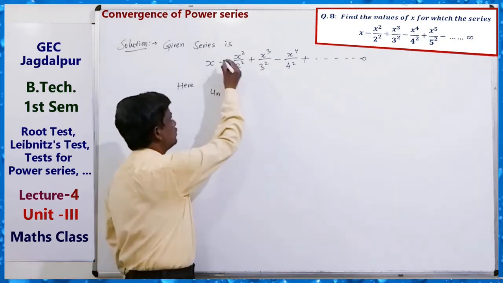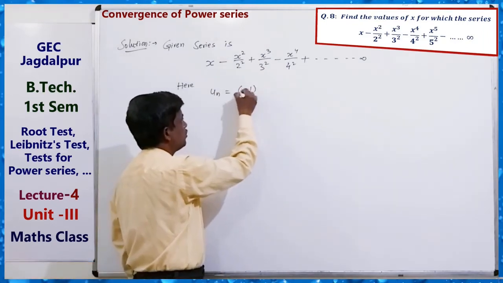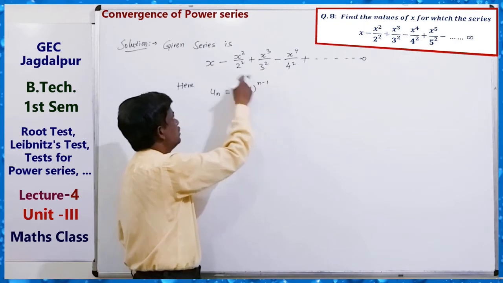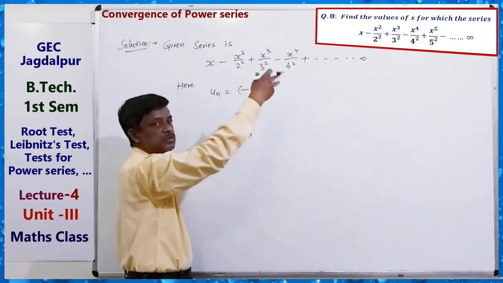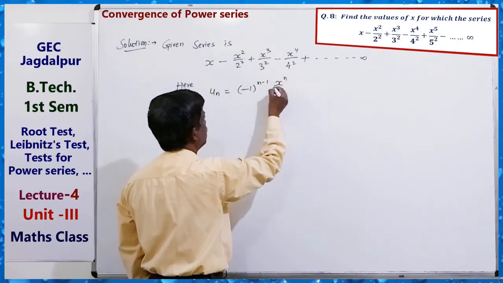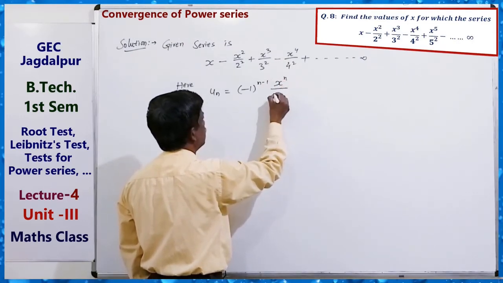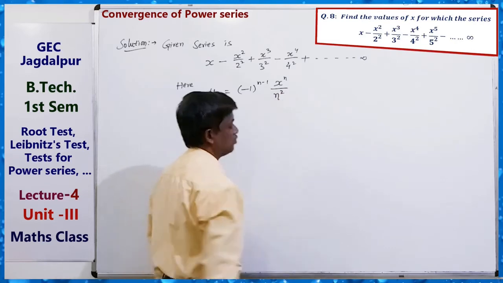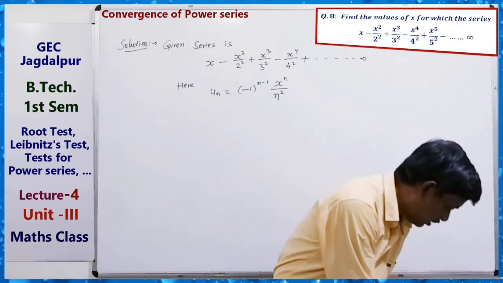So minus 1 to the power n minus 1, because for n equals 1 the first term is positive, then negative, positive, negative, and so on, times x to the power n by n square.